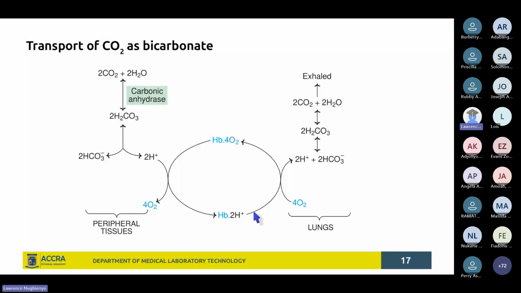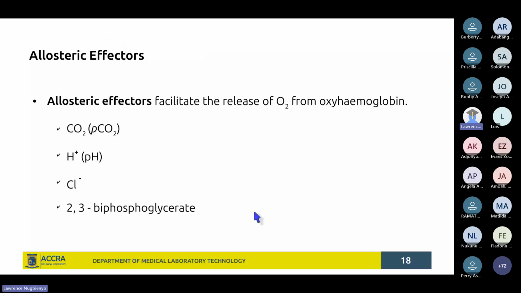Now we can talk about what we refer to as allosteric effectors. These are chemical entities. They facilitate the release of oxygen from oxyhemoglobin, hemoglobin which is bringing oxygen from the lungs.